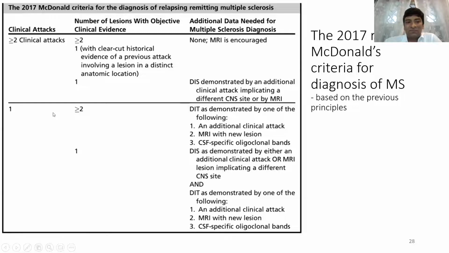So even with one attack, what is known as a clinically isolated syndrome, if you're able to use your MRI to prove dissemination in time, or if your OCBs are positive, you can prove dissemination in time and you can make a diagnosis of MS. So this is very, very important in the West because, as you can imagine, the payment is not by the patient themselves, it's usually by insurance. And insurance will not support unless the diagnosis is substantiated. So that's why these criteria have been refined and made very specific.